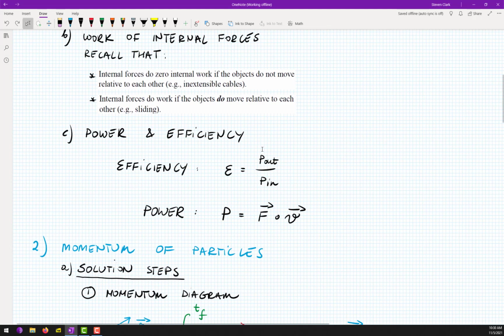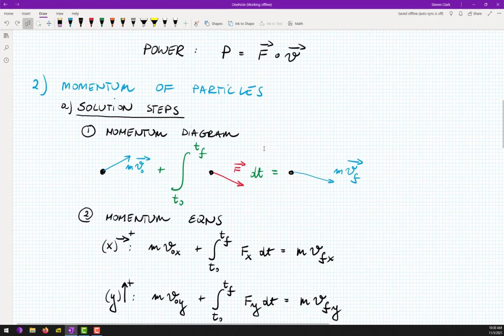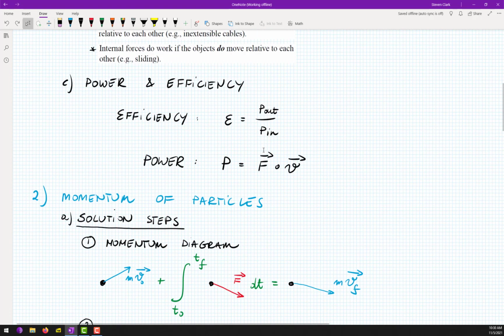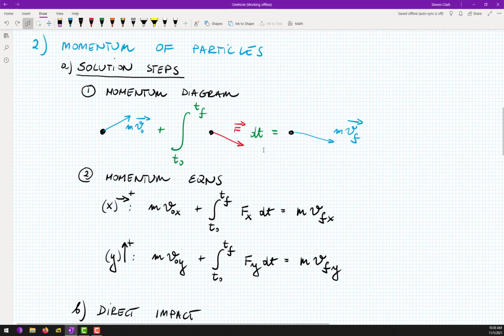Momentum of particles then. Are you still writing? So when it comes to momentum of particles, if you detect that the problem should be solved via this approach, I would go for such steps.